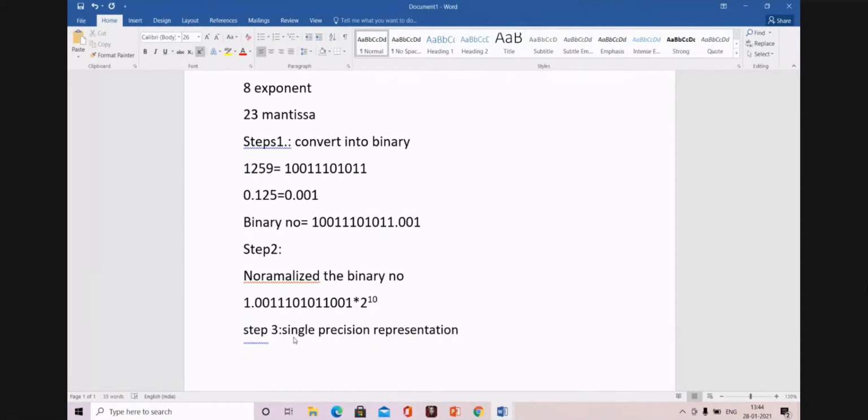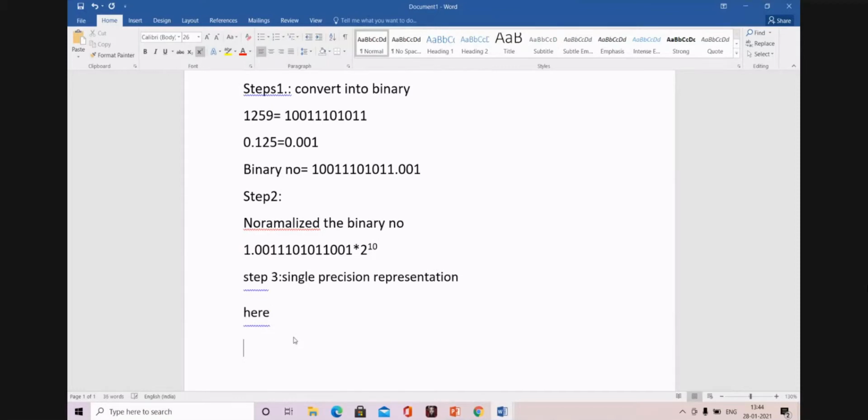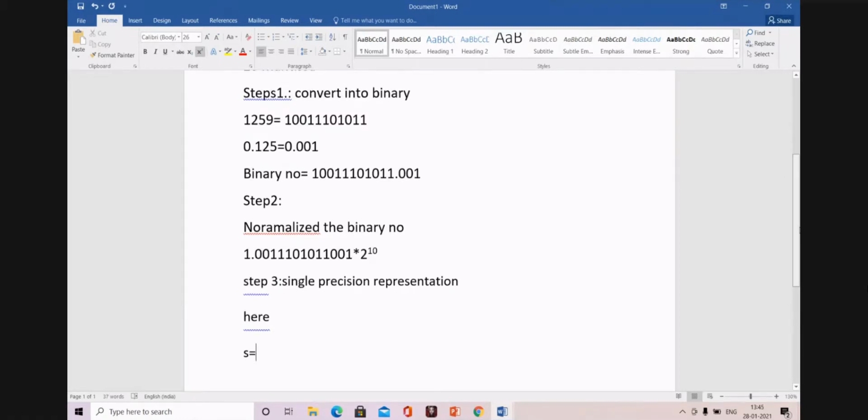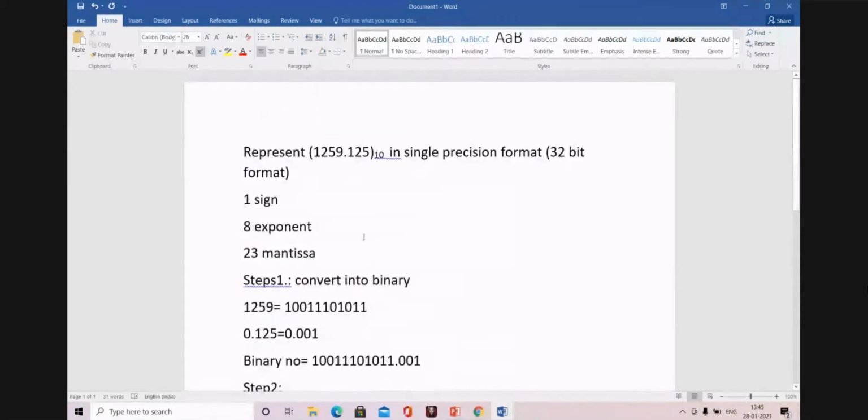So in single precision, what is the sign here? Don't get confused with this point. If you see the question, did you find any sign here?